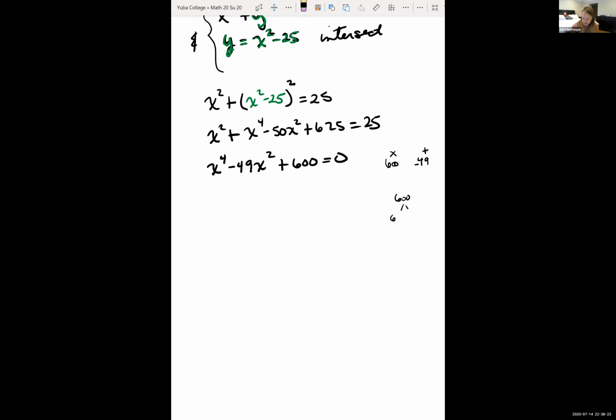This is 60 times 10. 60 is 6 times 10. 10 is 2 times 5. 6 is 2 times 3. So 600 written in prime factors has three 2's, one 3, and two 5's.